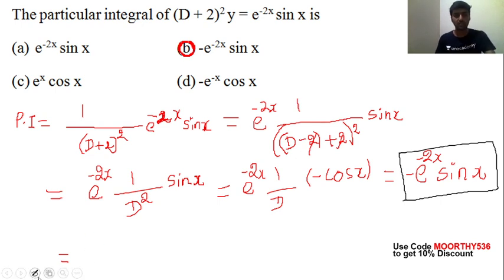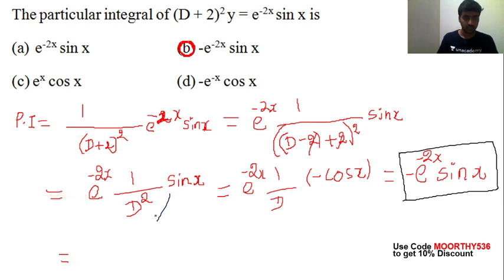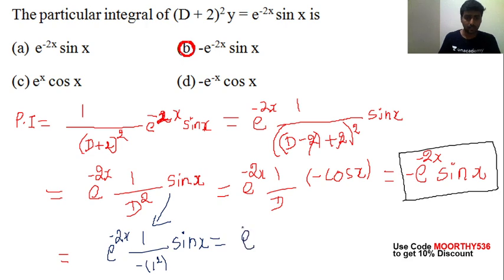So from this equation, e power minus 2x divided by minus of 1 square into sin x, we get the same answer, that is minus e power minus 2x into sin x. So this is the procedure.